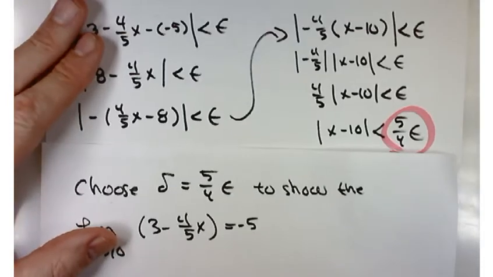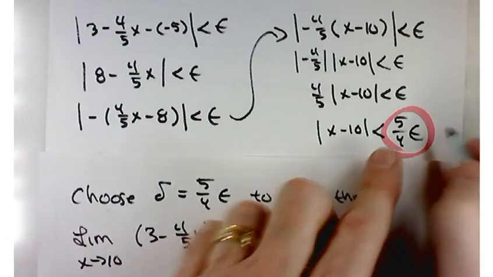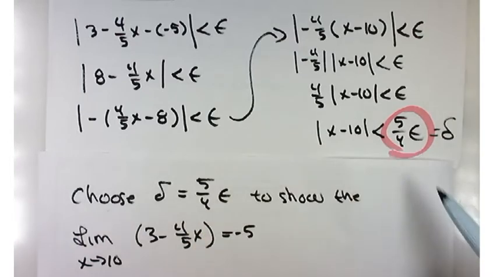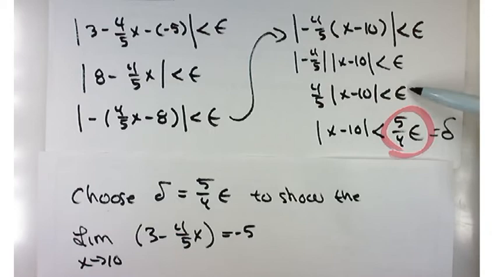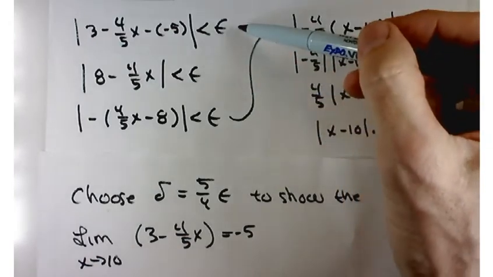Why does that do all my work for me? Basically, I'm letting this be my delta. Well, it's because we can work all this backwards. If this is true, then this is true, then this is true, and this is true, this is true, this is true, and then this is true.